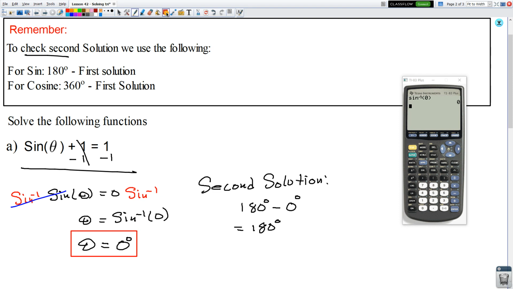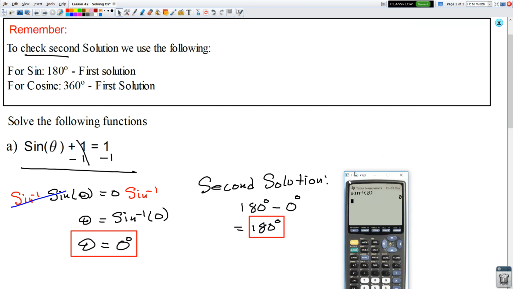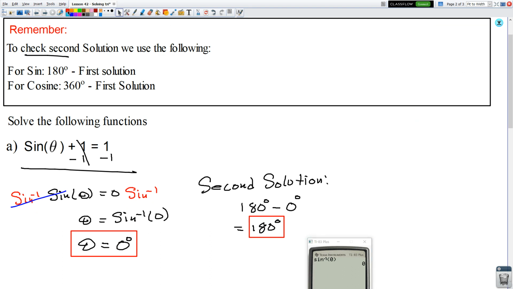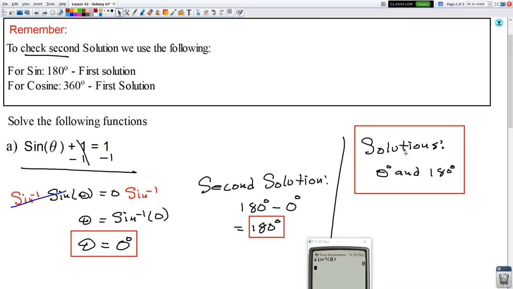All right, perfect. So we got the first solution, we got the second solution. All we have to do now is put them in a complete sentence. So our solutions are 0 degrees and 180 degrees.